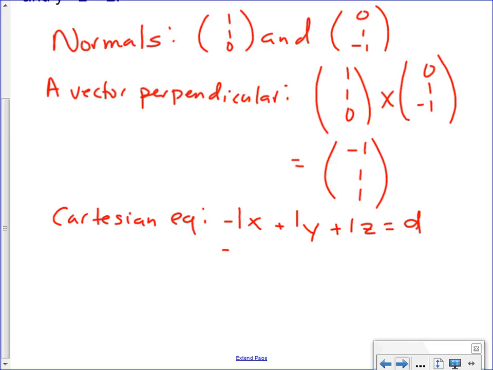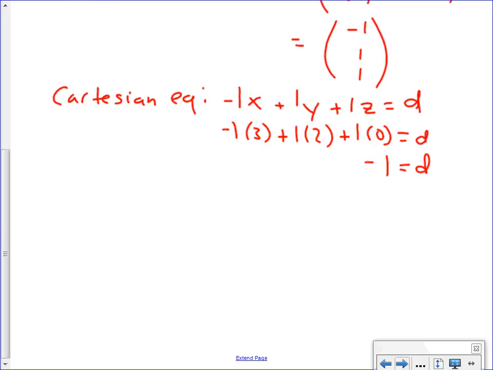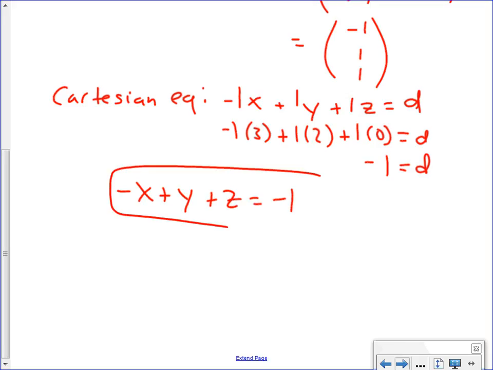So negative 1 times 3 plus 1 times 2 plus 1 times 0. And so the final answer: negative x plus y plus z equals negative 1.